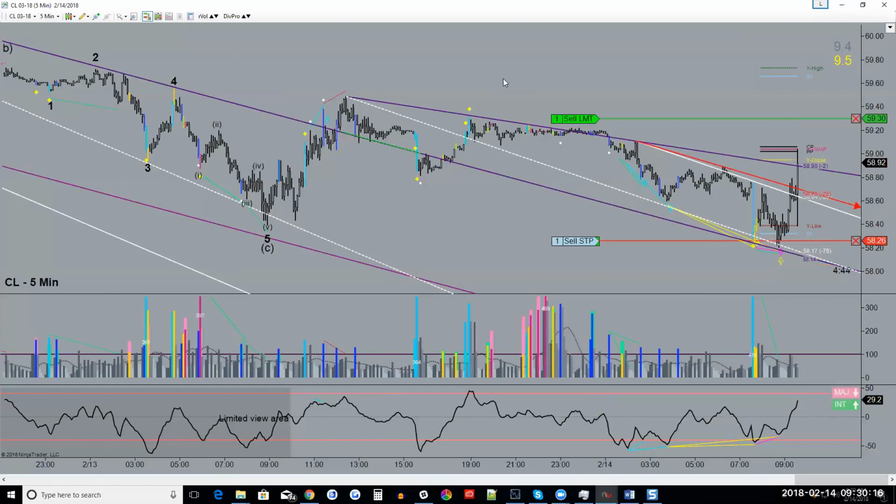There's where I wanted to take that first order off. It's a downtrend line on the 15-minute. And the tick chart.